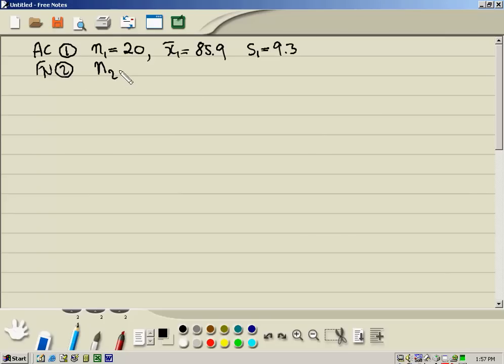There were 15 of them, so N2 is 15. X bar 2, their average, was 79.1%, and the standard deviation was 7.9%. So S2 is 7.9. The question is whether the accounting majors are better.